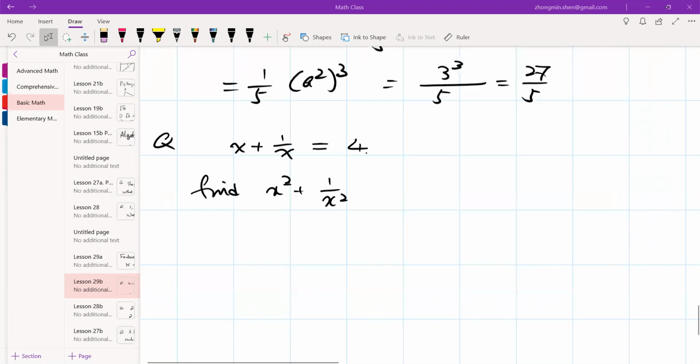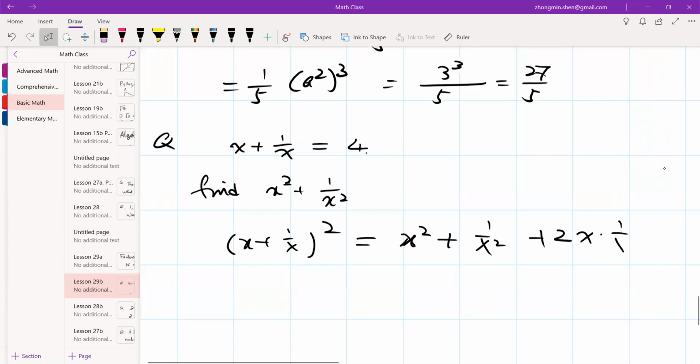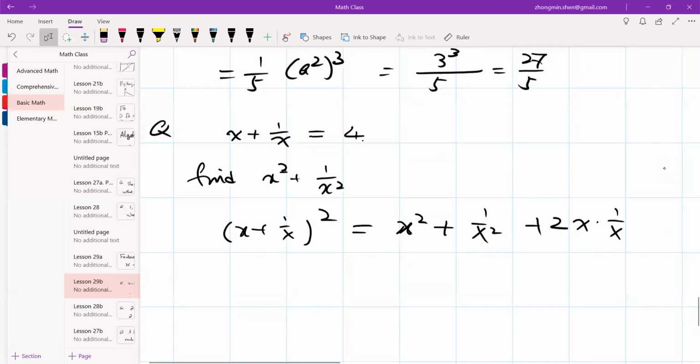Okay, 14. So how can we get x squared plus 1 over x squared? This is a tricky one. You square it. So you get x squared plus 1 over x squared plus twice x times 1 over x. This is going to be 1.